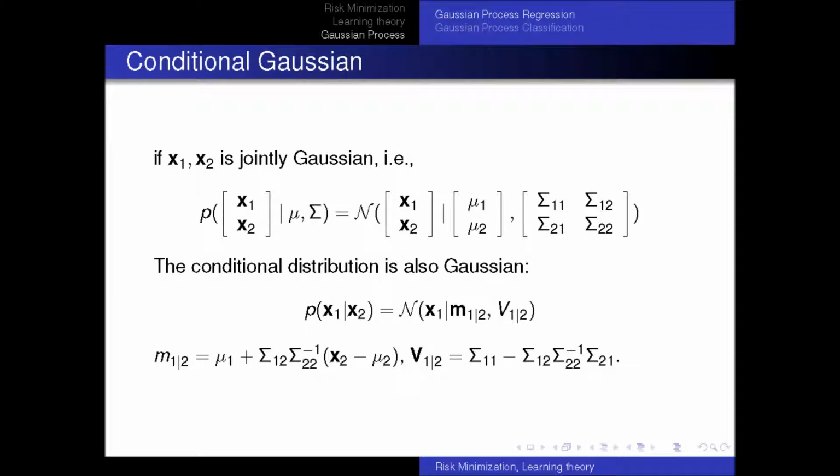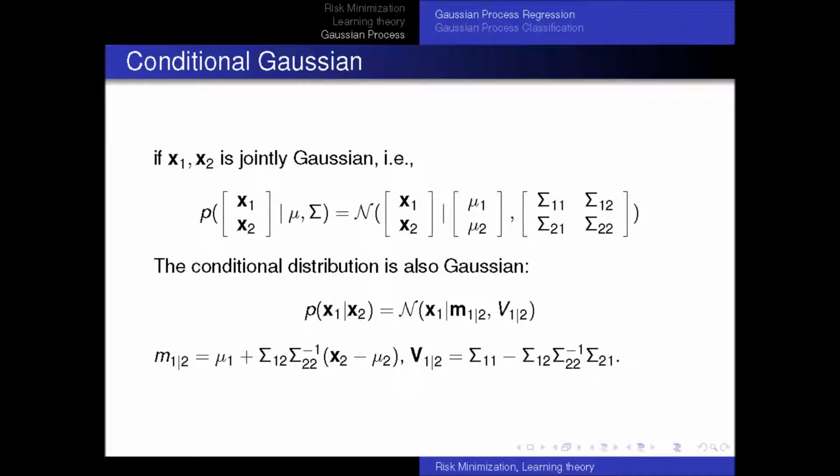So the mean is something like this, and sigma is something like this. It's just a linear combination of the mus and the sigmas. So if you know about this, then Gaussian process is just the same thing.